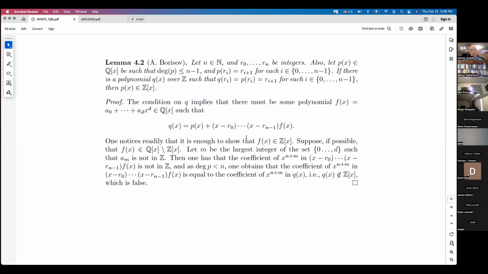And here's the thing, f(x) must be in Z[x]. Otherwise, what's going to happen is this. This is degree n-1 at the most, and this is degree n. So if you get some coefficient here which is lying over Q, then this part right here cannot offset that particular thing. It cannot make it go to Z, using whatever extra is necessary in order to push it towards Z. So the argument is basically that.